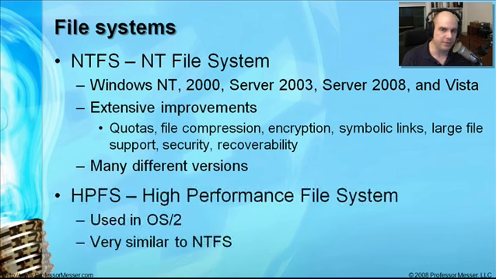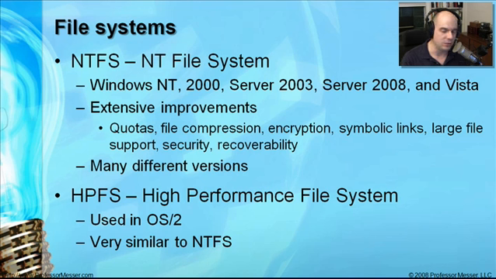You may also see a file system type called HPFS, High Performance File System. You don't really hear it referred to much anymore. It's a file system that was created when Microsoft and IBM got together and created an operating system called OS/2. Ultimately, Microsoft and IBM decided not to do additional work on that, and Microsoft created Windows NT as their next generation of operating system and created NTFS to go on top of that.